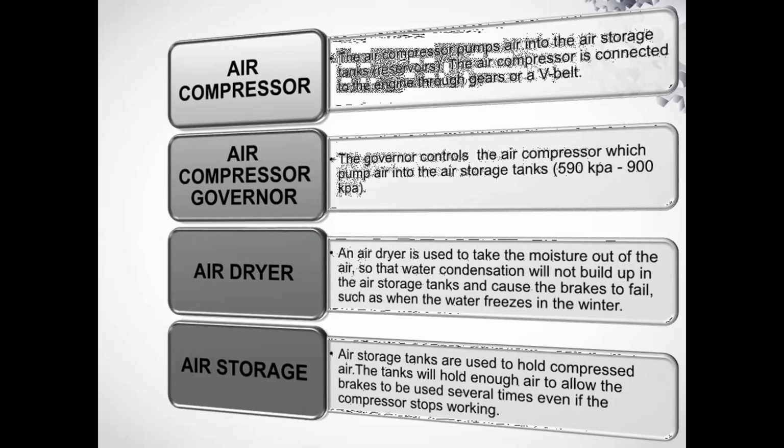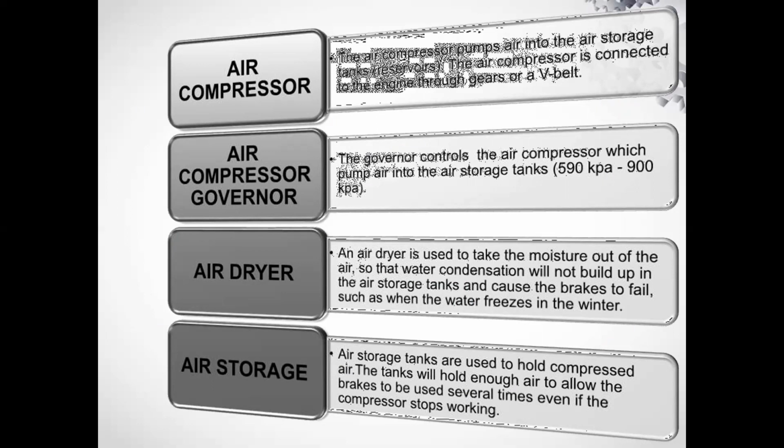The governor controls the air compressor which pumps air into the air storage tanks. An air dryer is used to remove moisture from the air so that water condensation will not build up in the air storage tanks.